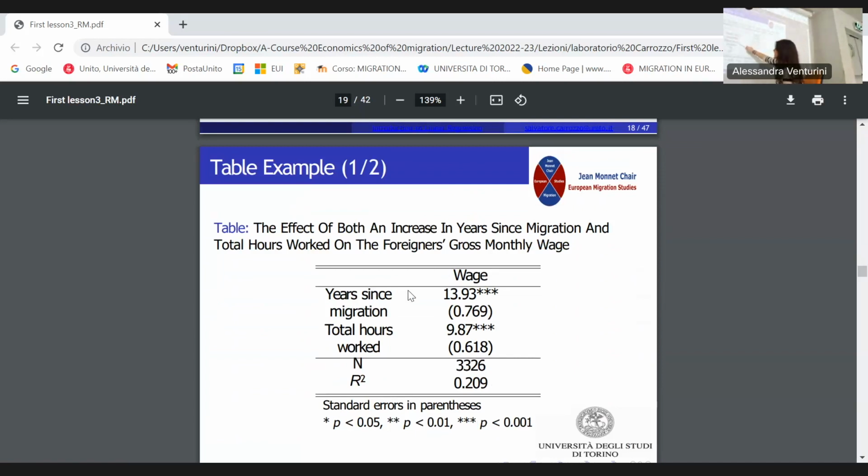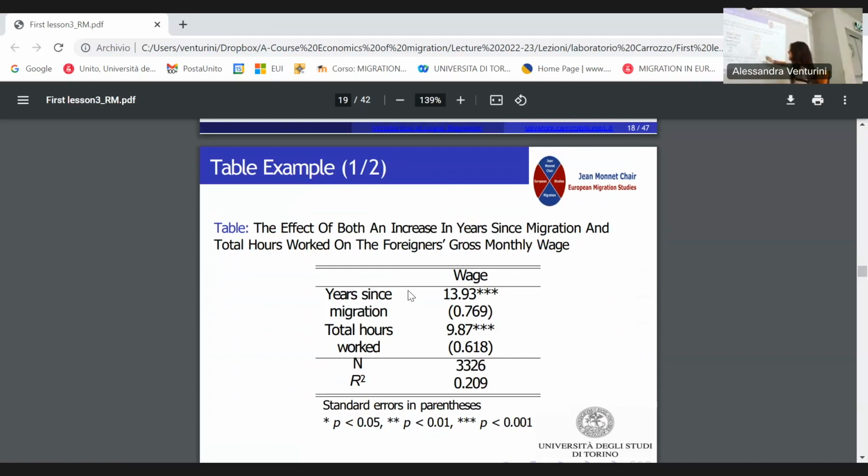It is significant, the standard error is very small, 0.7, the coefficient is very good, 13. When we add another variable, we see that an hour worked per person increases the wage by around 10 euros.